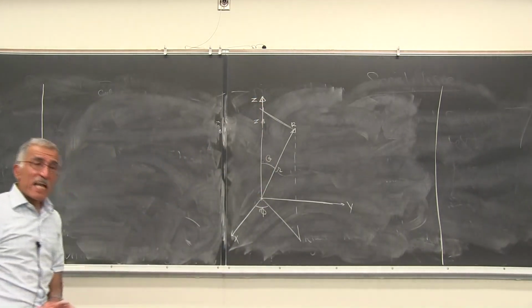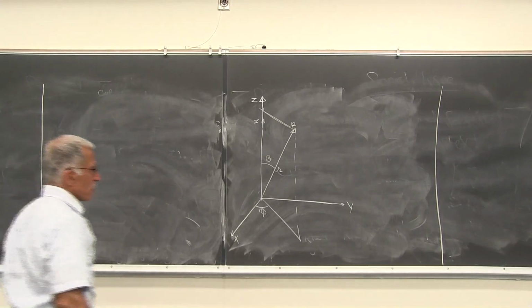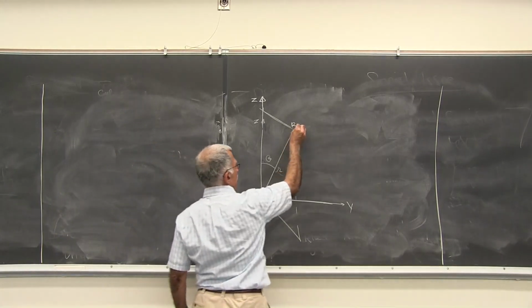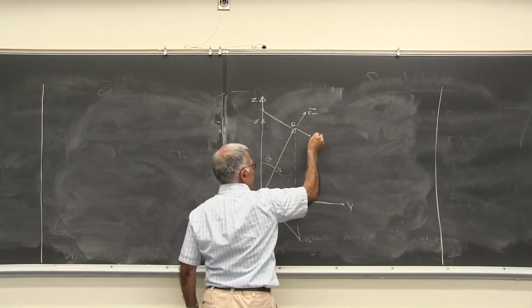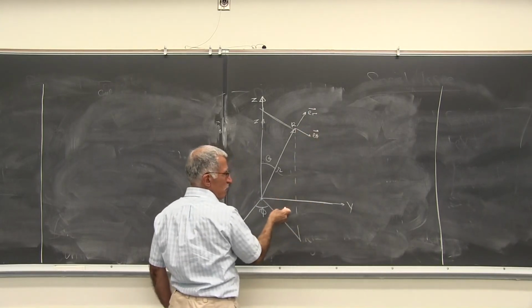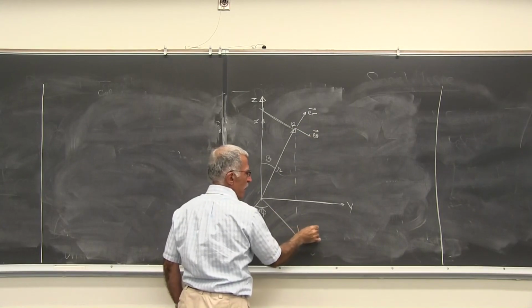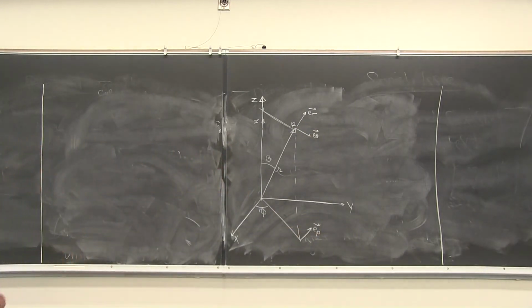So you need three, and again you have to define three unit vectors. Your three unit vectors are e_r, another vector e_theta, and another vector normal to this page, e_phi. So e_r and e_theta are in the page that you open up, and e_phi is normal. That's your three unit vectors.